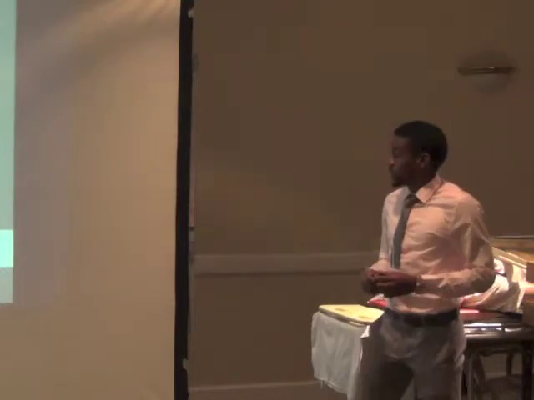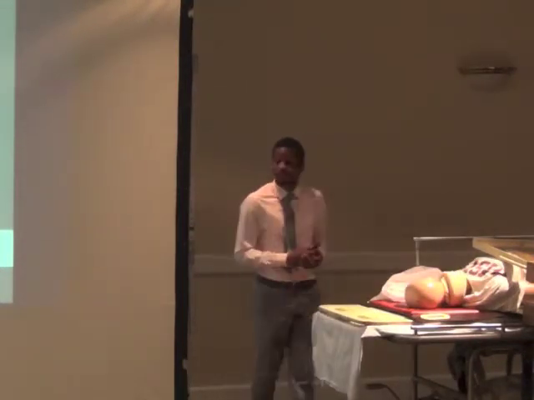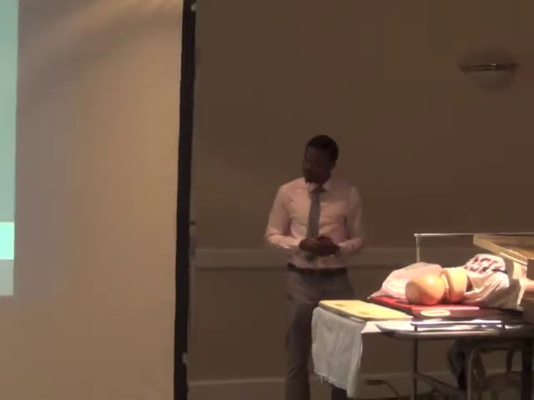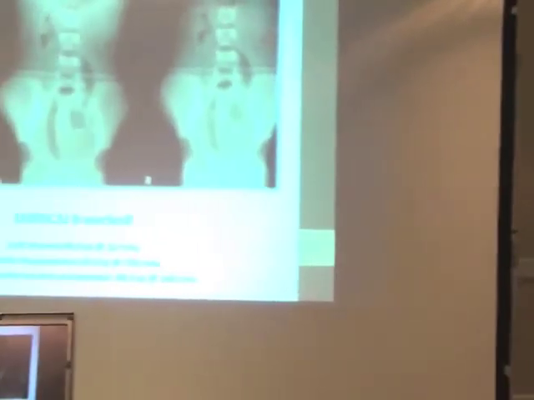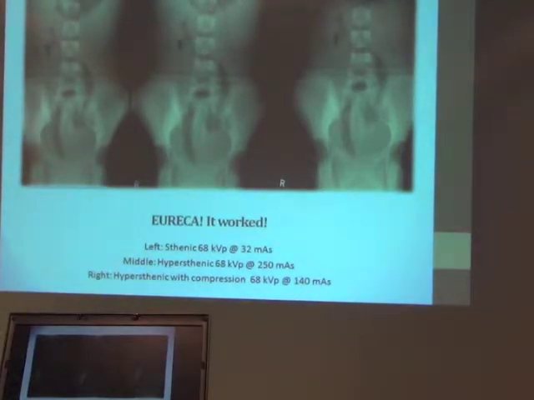And Rachel will talk about the imaging. These images are taken from our initial lab testing. On the left, you'll see the sthenic simulated patient. We used 68 kVp and 32 mAs, and that would be about average.